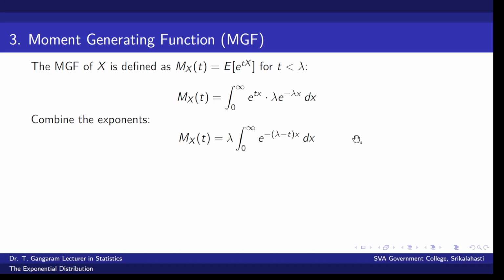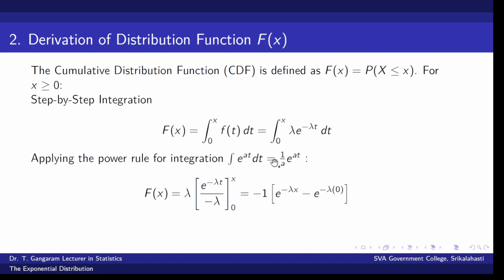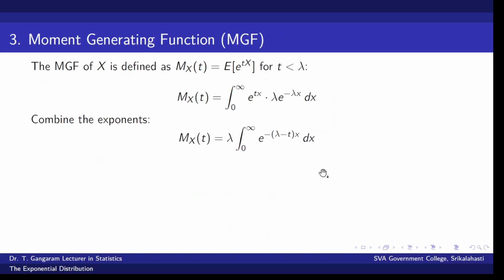Lambda comes out, and applying the rule we applied before, the integral of e power at is equal to 1 by a, e power at. Here, instead of a we have minus lambda minus t.